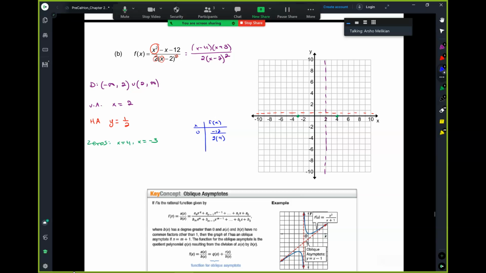So -12 over 8 is negative, right here. That tells us how this is going to look. On the left side, it's going to follow the asymptote, cross the x-axis, and go down. So it's going to look like this.